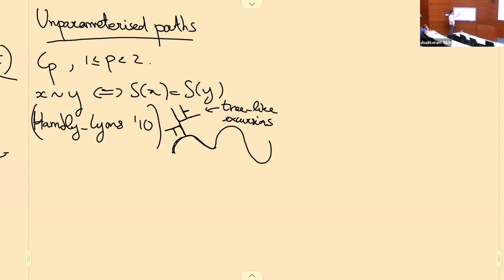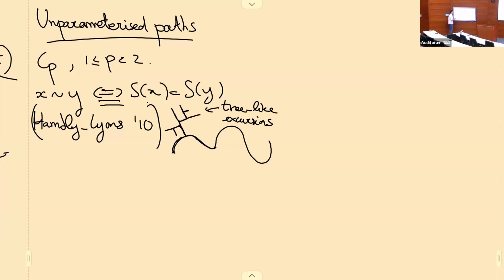Okay, so this equivalence is equivalent to saying that the two paths are tree-like reparameterizations of each other. This is a deep theorem that I'm not going to discuss, but we will just care in this course about this definition of the equivalence relation.